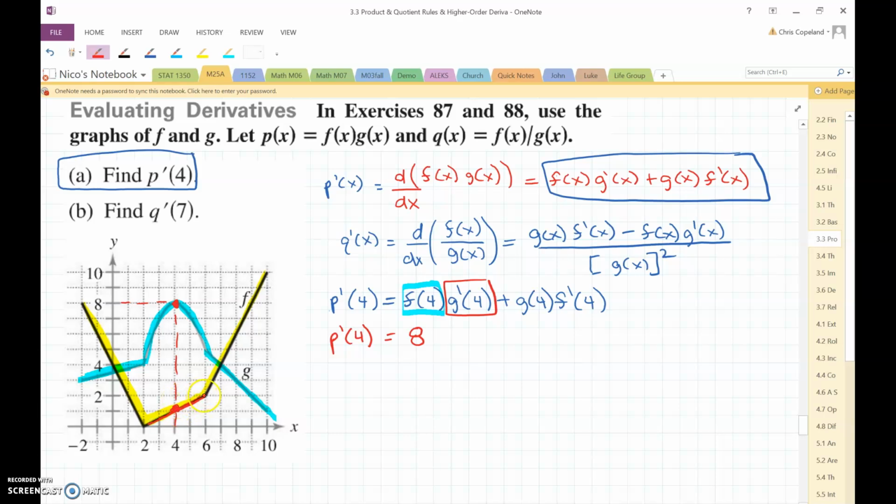Well, it's up 1 over 2, so this would be 1/2, plus g of 4. g of 4 would be 1, times f prime of 4. So the slope of the tangent line right here is 0. So this would be equal to 4.